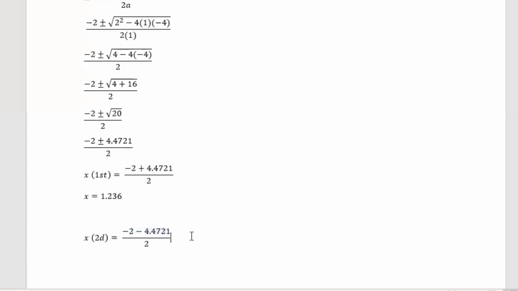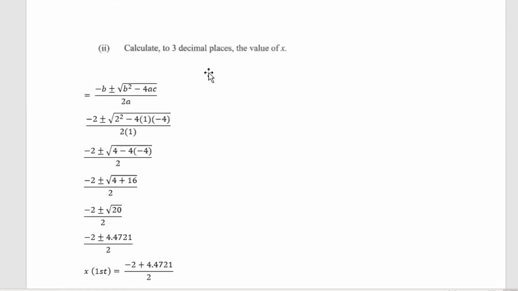So now what we'll have is x is equal to minus 2 minus 4.4721, and that will give us a negative 6.4721, and we divide that by 2, and what we'll get is negative 3.236, and this is our second x value. So we have successfully calculated the value for x correct to 3 decimal places.